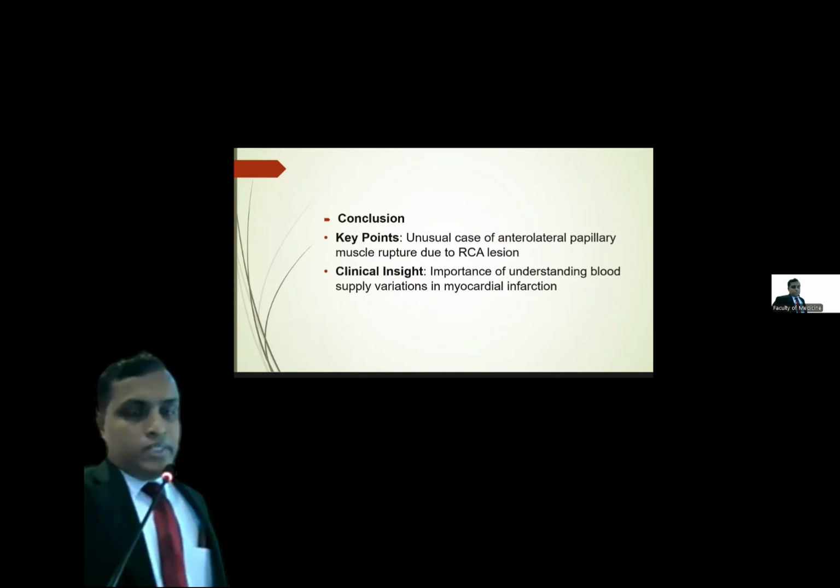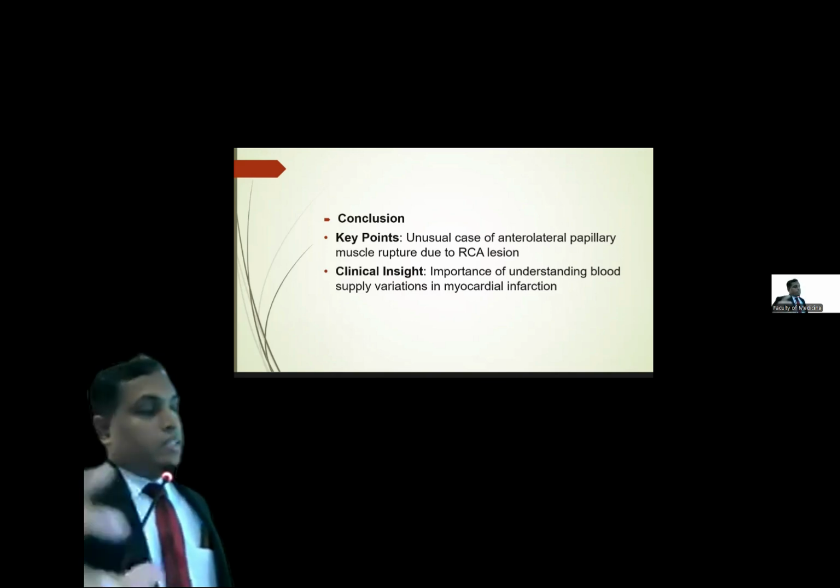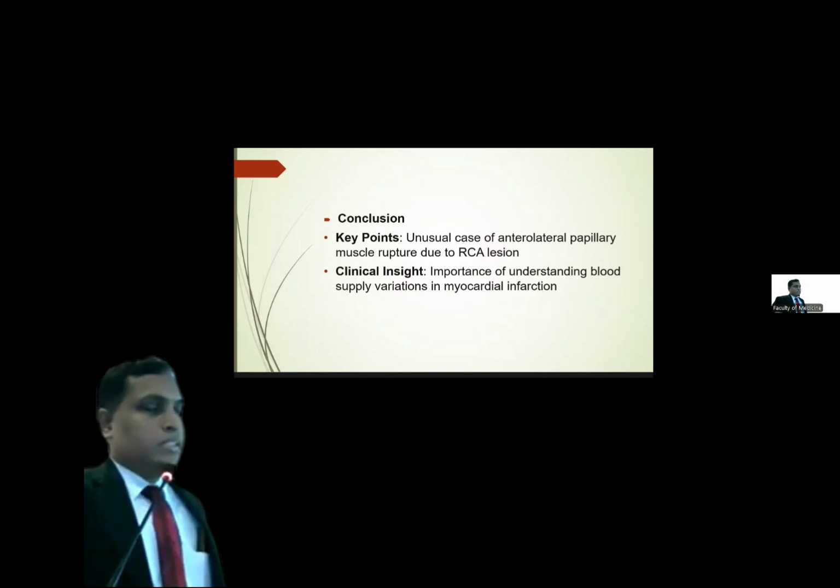This is right dominance, but somehow because of anatomical variation, the anterolateral papillary muscle was supplied by the right coronary artery, and because of the ischemia, it later ruptured.